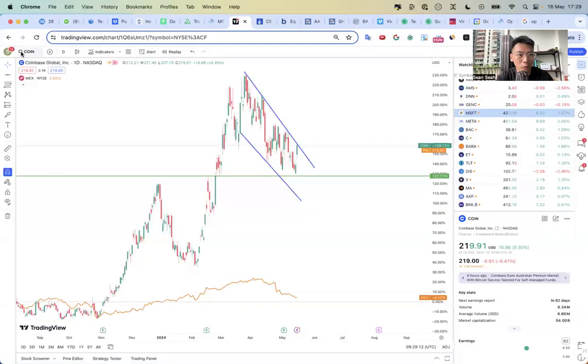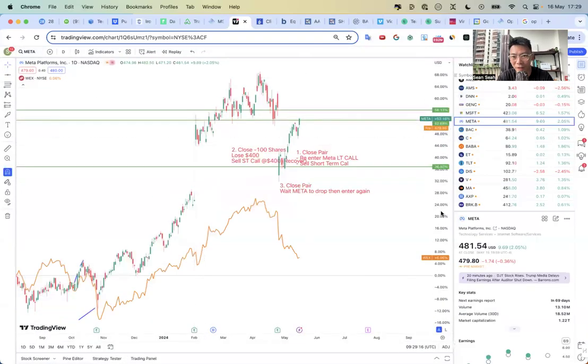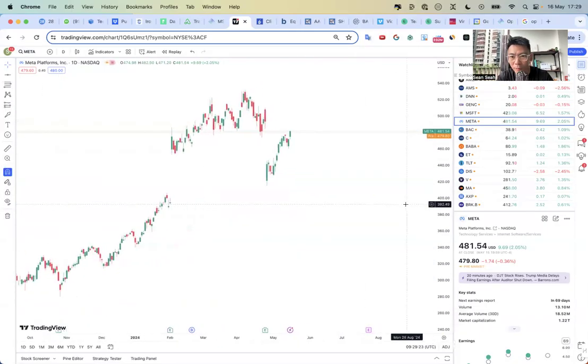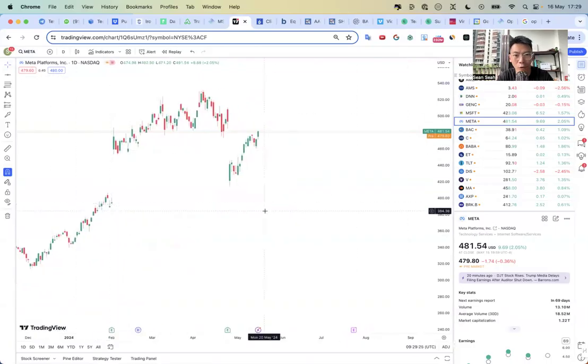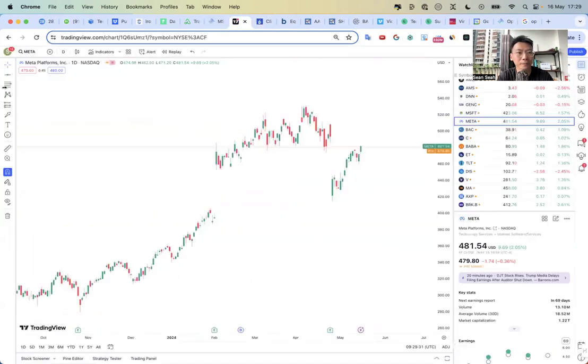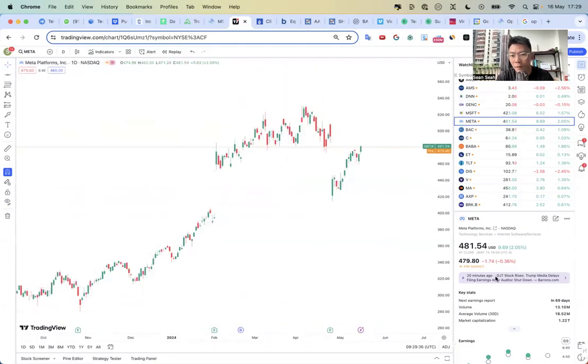So going back to the charts to make it a little easier to explain, let me clear away all these drawings. Again, the share price of Meta now is 479.6, and what we are looking at is a 477.5 call option. I'm just going to put a horizontal line here, at 477.5.